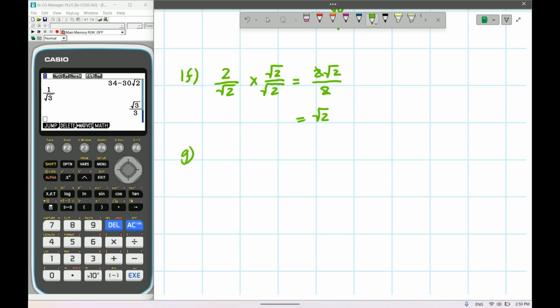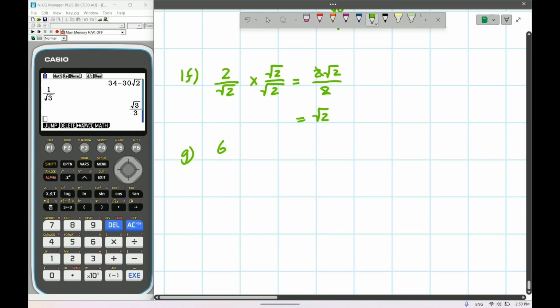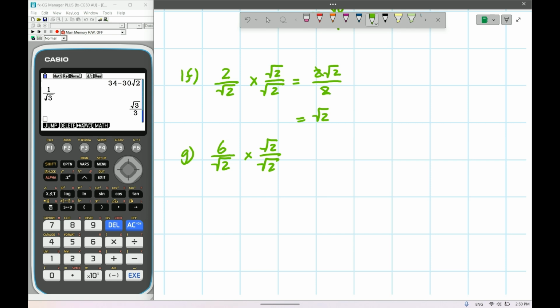G. So you got 6 over root 2. Multiply that by root 2 over root 2 again. So the top will be 6 root 2. And the bottom will be square root 2 times the square root 2 makes it 2 again. And this would partially cancel, so you're left with 3 root 2.